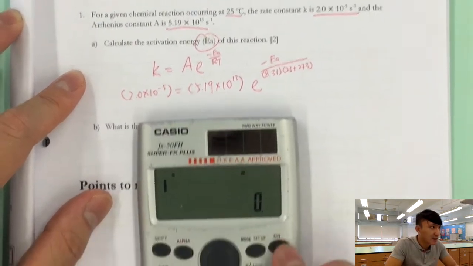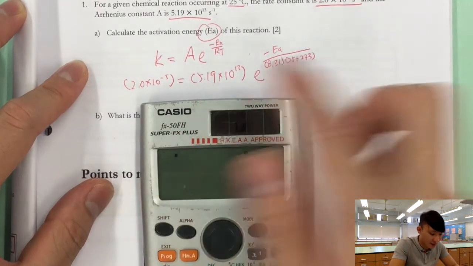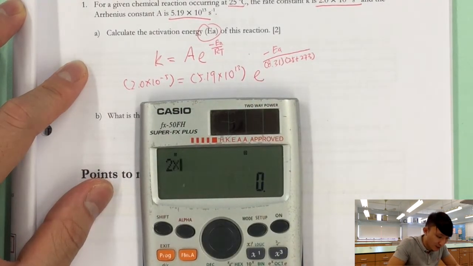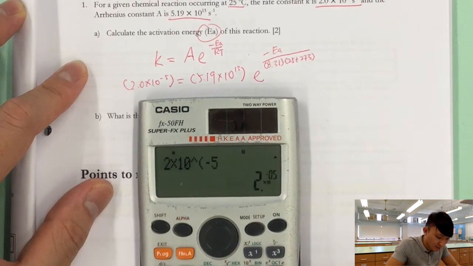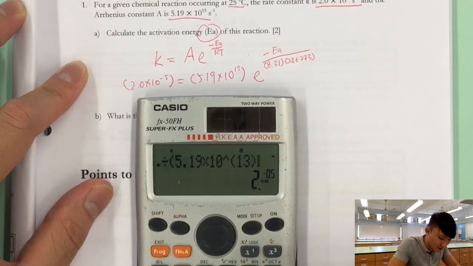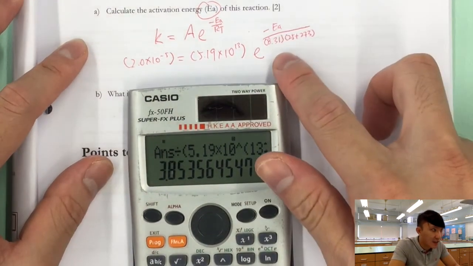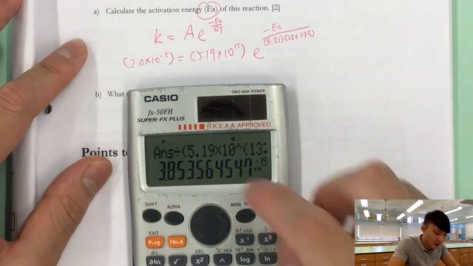So to do that, we can first divide both sides by the Arrhenius factor here. So we have 2 times 10 to the power negative 5 divided by 5.19 times 10 to the power 13. Okay? And then we want to get rid of the e, so we take natural log on both sides.